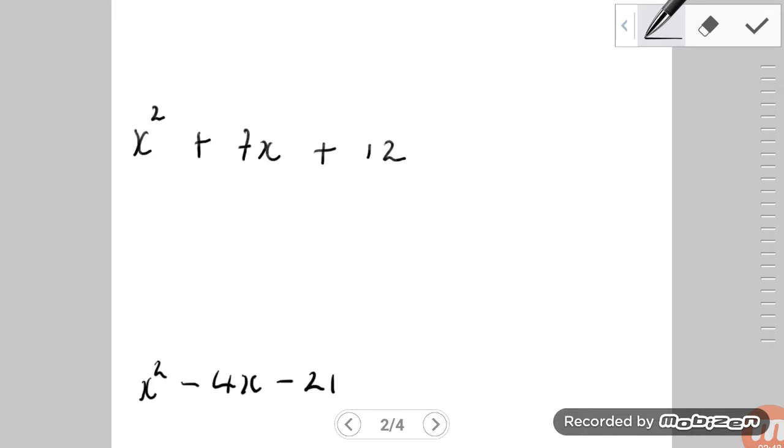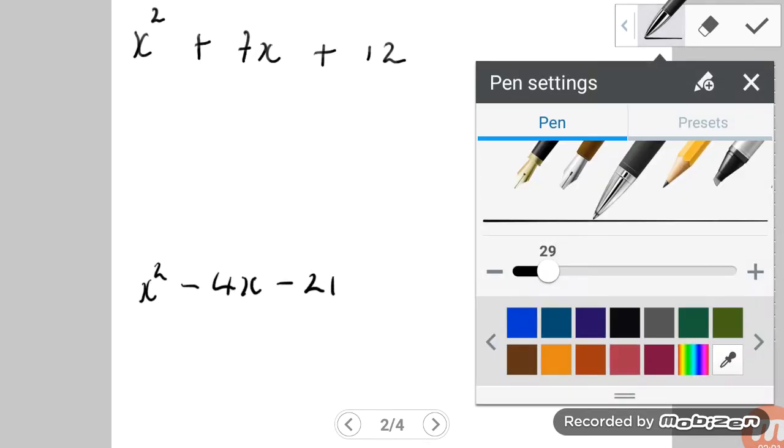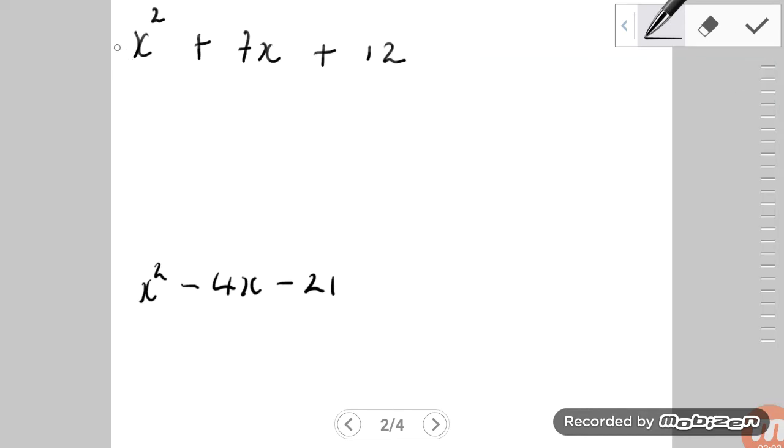So we've already gone through the prerequisites of what is required to effectively factor any sort of quadratic expression, regardless of the coefficients or the signs. So let's take it easy with a very simple example here, where the coefficient is 1 and the middle term coefficient here is 7 and the constant here is 12.